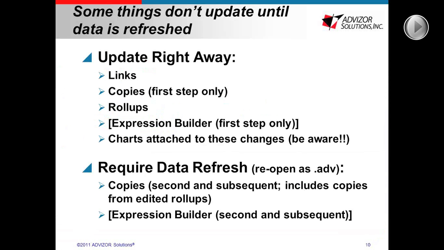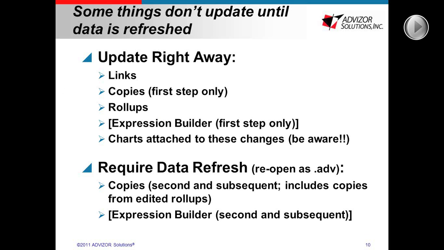And just some words of caution, some things don't update right away. So links, copies, first step, roll-ups, expression builder, first step, and charts attached to these pages will update right away.